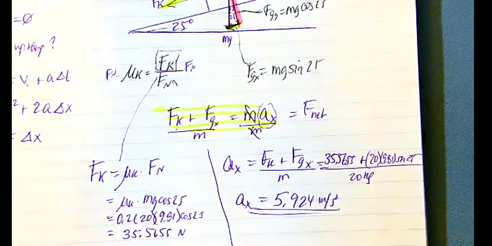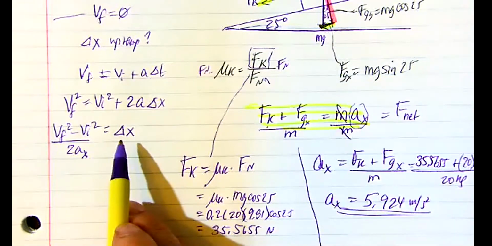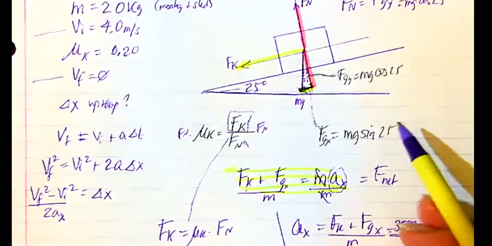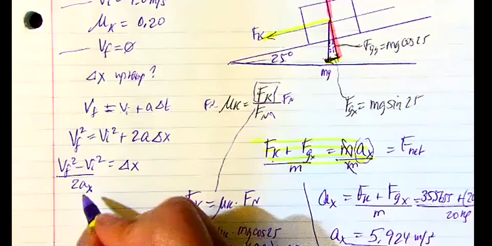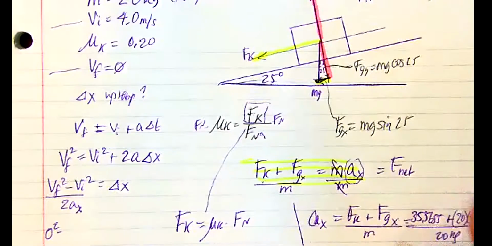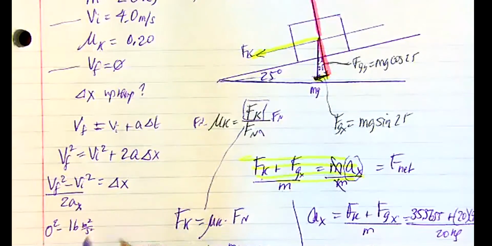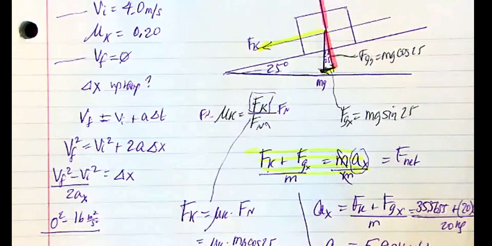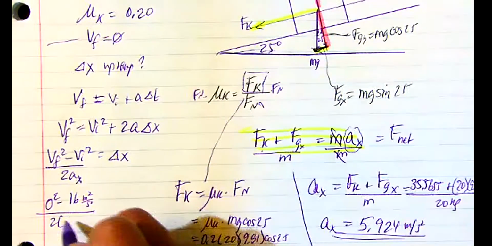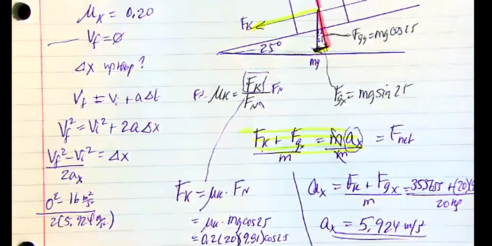So there's my acceleration. Now I can go back to this kinematic equation to solve for how far the box went up the ramp before it finally stopped. We plug in: V final is 0, V initial was 4 meters per second. I'm going to go ahead and square it: 16, that's meters squared per second squared, because I know what 4 squared is, divided by 2 times the acceleration, which I came up with here, 5.924 meters per second squared.